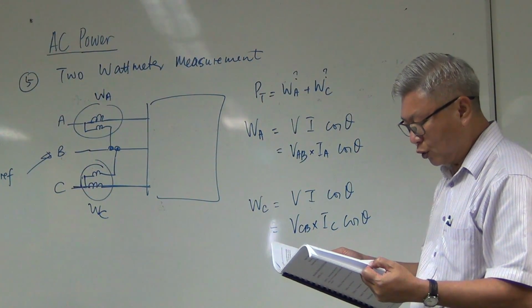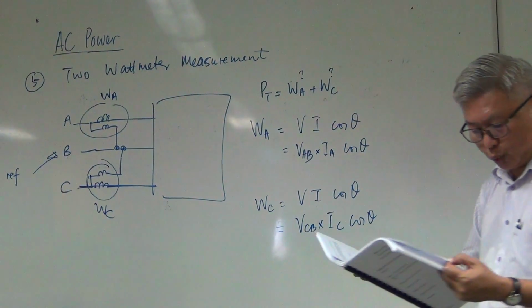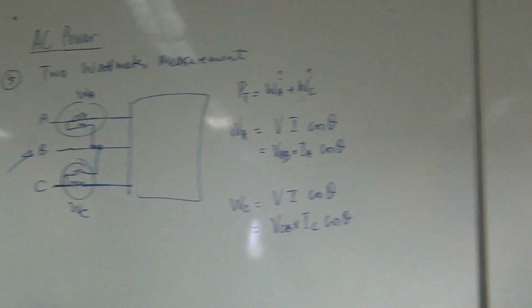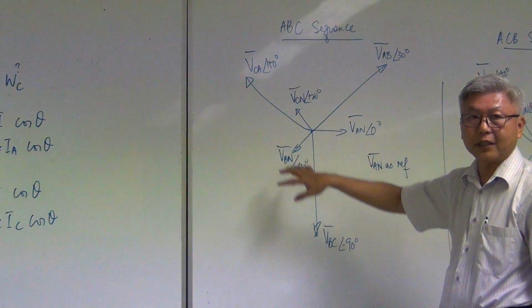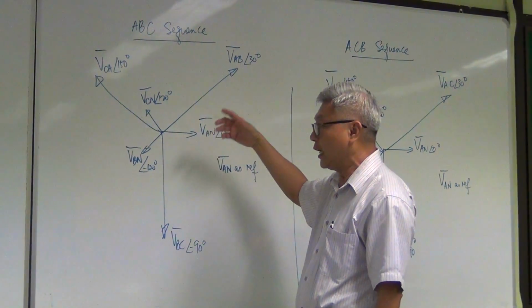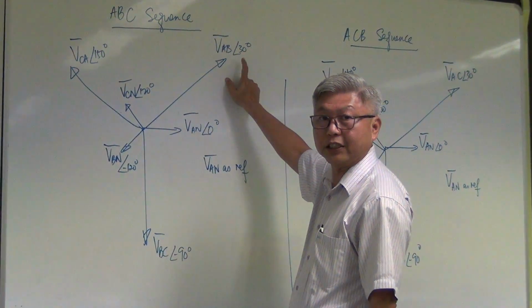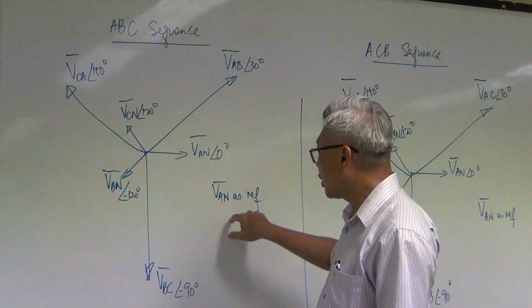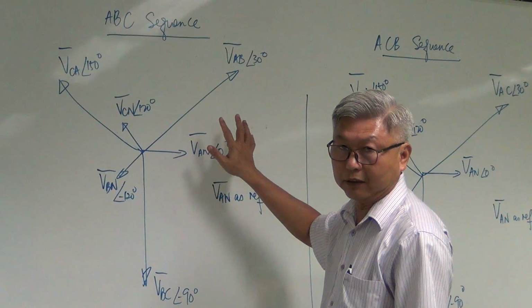Now you have to go back to the Phasor diagram that we had before. Can you remember this Phasor diagram? How do we calculate the VAB? Remember, here is 30 degrees and VAB is 30 degrees if VAN is the reference. If I change my reference, my VAB will have a different angle.